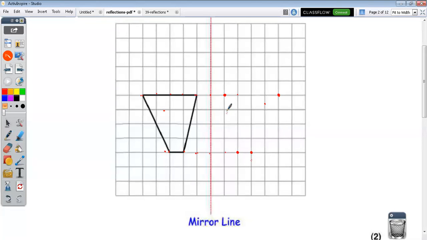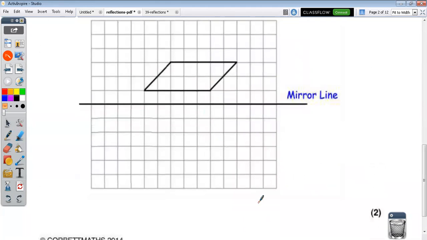Then of course you use a ruler and draw your image. I'm not going to use a ruler for the sake of time. Then it will be exactly the same shape.